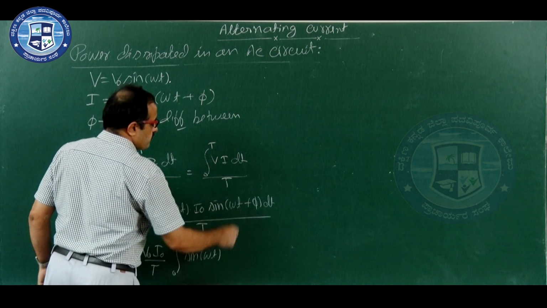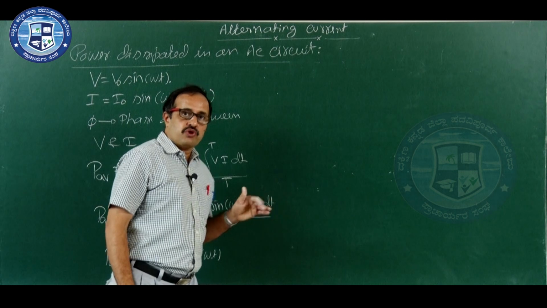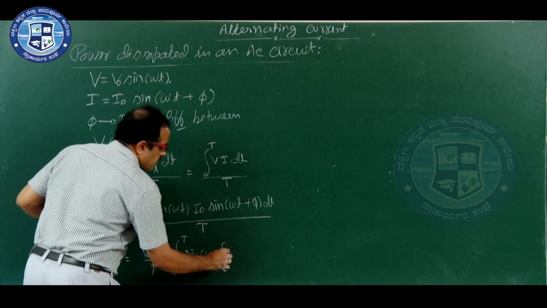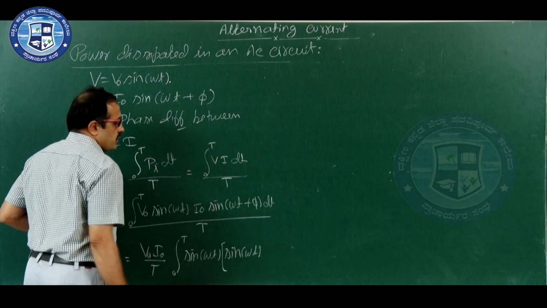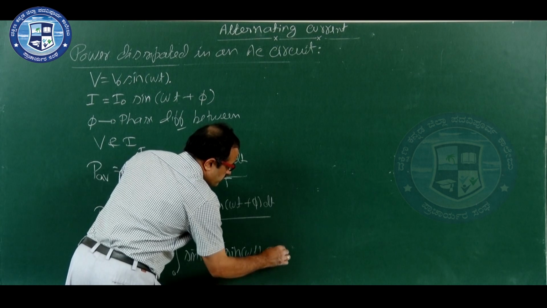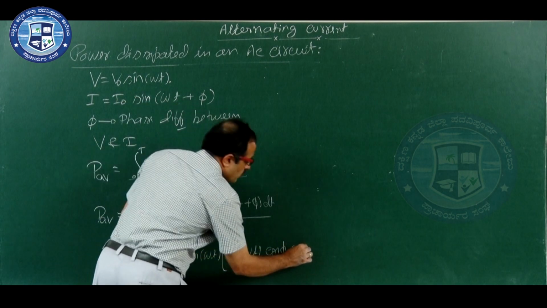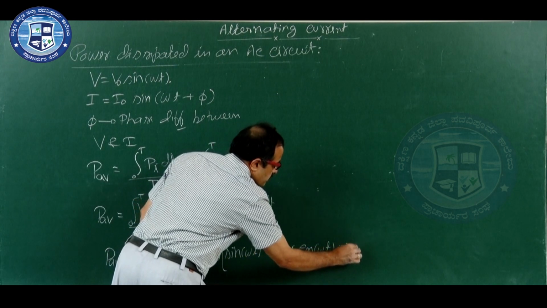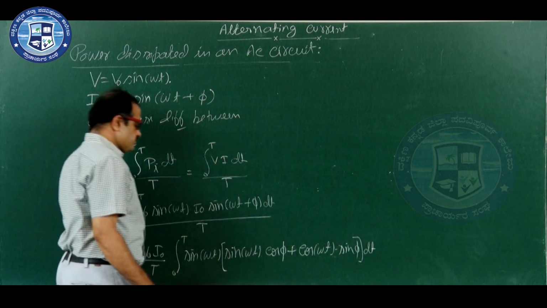Expand this one using sin A plus B formula. Sin A plus B is nothing but sin A cos B plus cos A sin B. Therefore, we expand this one, it is sin omega t into cos phi plus cos omega t into sin phi dt.